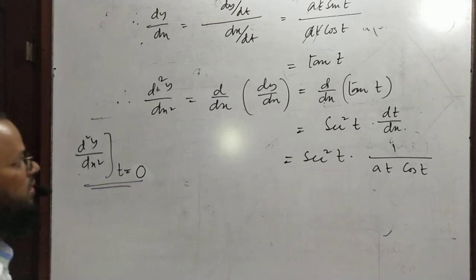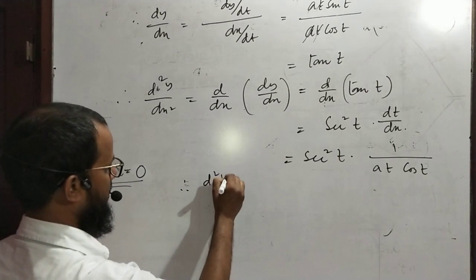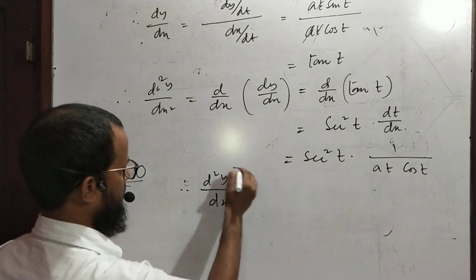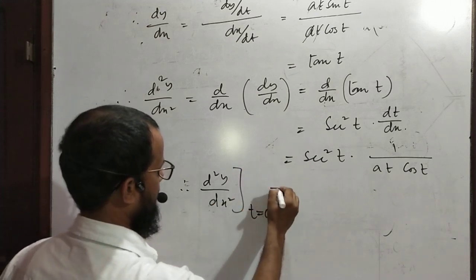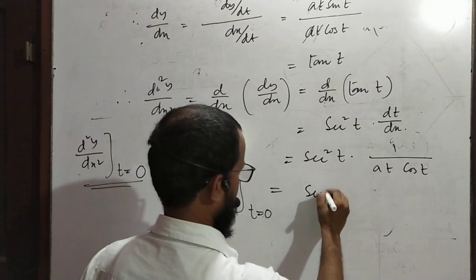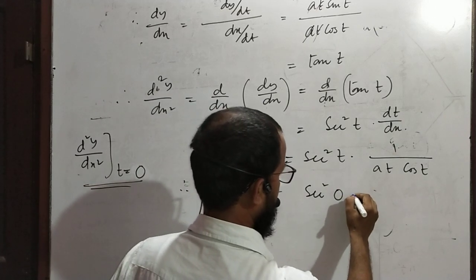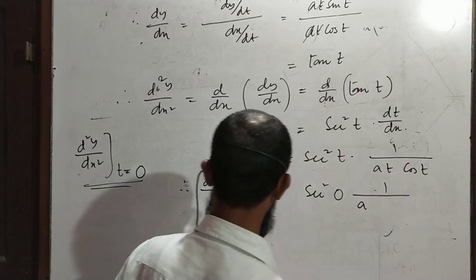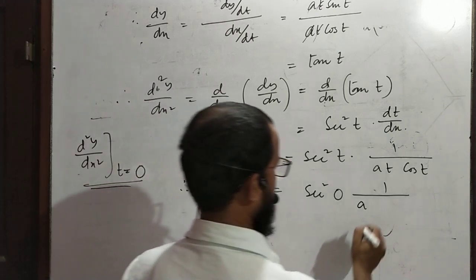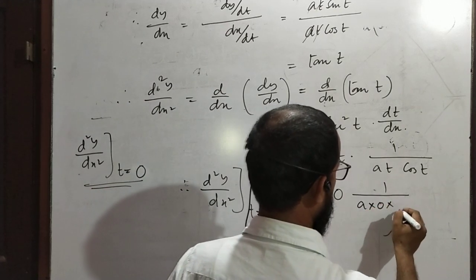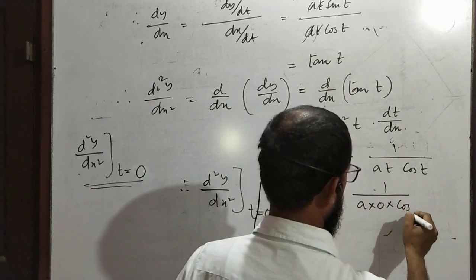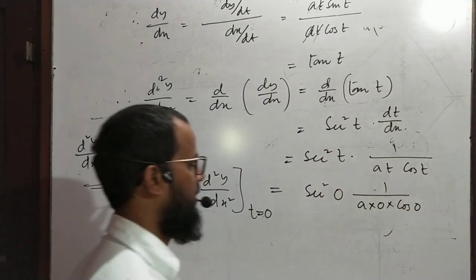You have to find this. Therefore d2y upon dx2 at t equal to 0 is equal to sec square 0 into 1 by a into 0 into cos 0. Something is wrong here.